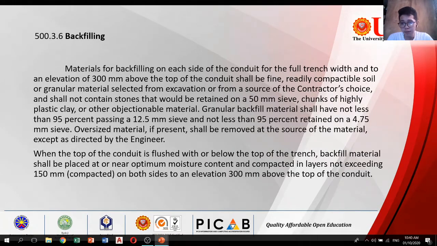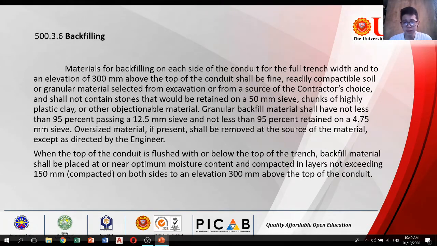So materials for backfilling on each side of the conduit for the full trench width and to an elevation of 300 mm above the top of the conduit shall be fine, readily compactable soil or granular material selected from excavation or from a source of the constructor's choice, and shall not contain stones that would be retained on a 50 mm sieve, chunks of highly plastic clay or other objectionable material.